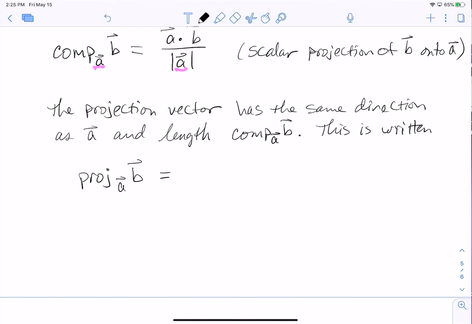And we need it to have the same direction as A, so at some point we're going to multiply by the vector A. But it has a length that is the component of B onto A.